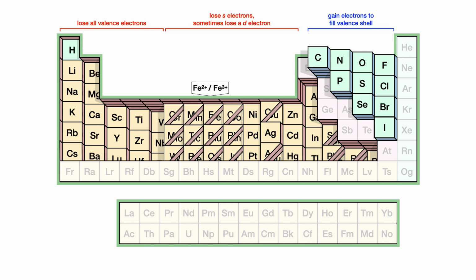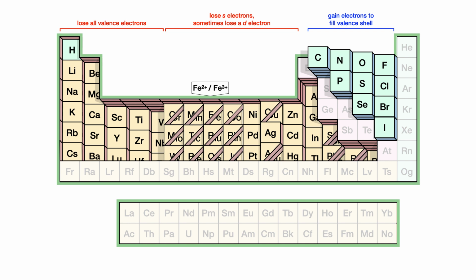So you have this general pattern where all of these transition metals in the middle of the periodic table can fairly easily lose their s electrons, and then they can also often lose one of the d electrons. They won't continue losing d electrons because the charge of the nucleus eventually stops electrons from being lost.